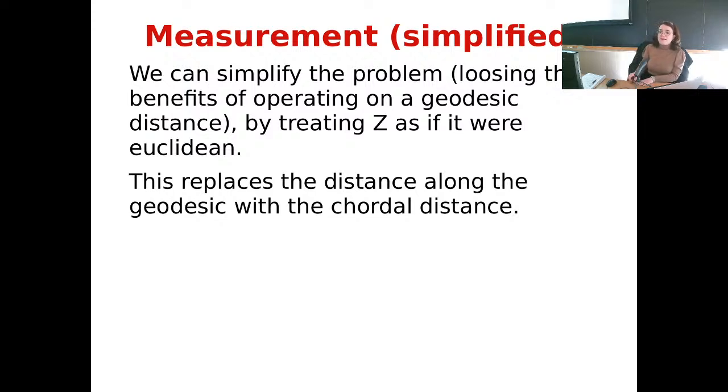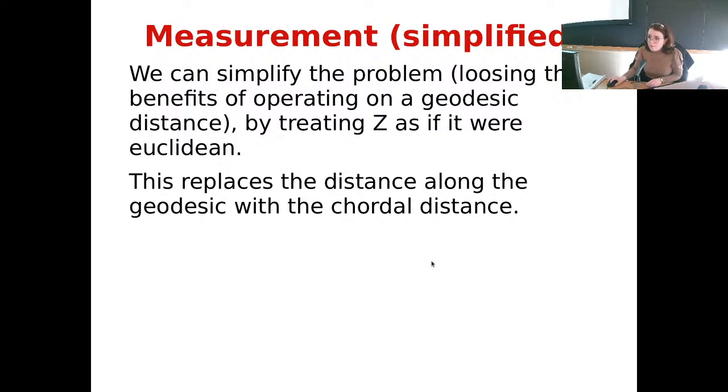We can simplify the problem by treating Z as if it were Euclidean, which means instead of retrieving a rotation matrix out of the vector Z, we use Z1 and Z2 as Euclidean vectors and compute the distance between these Euclidean vectors.